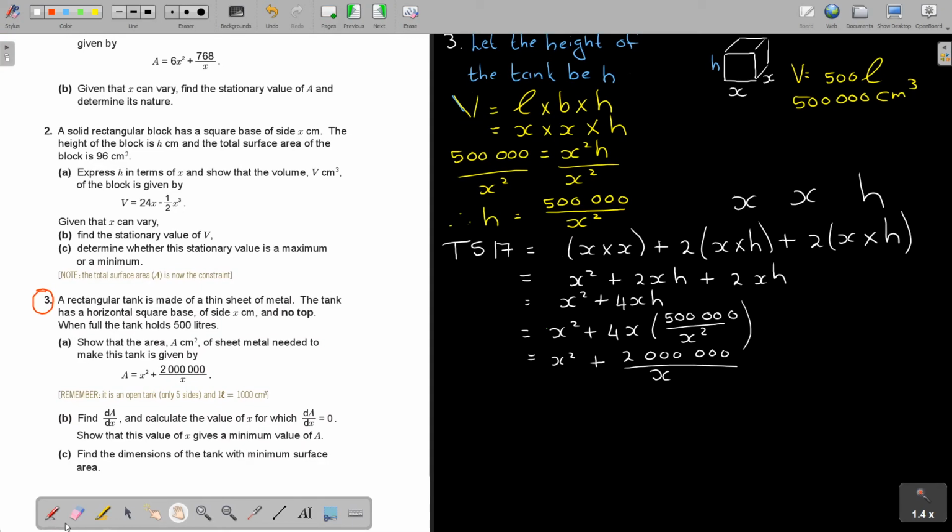Where am I now? Find dA and calculate the value for which dA is 0. Show that this value gives a minimum. Okay, so I'm going to differentiate. Remember, this is total surface area, but we can just write it as A. So I'm just going to get the formula first, just ready.